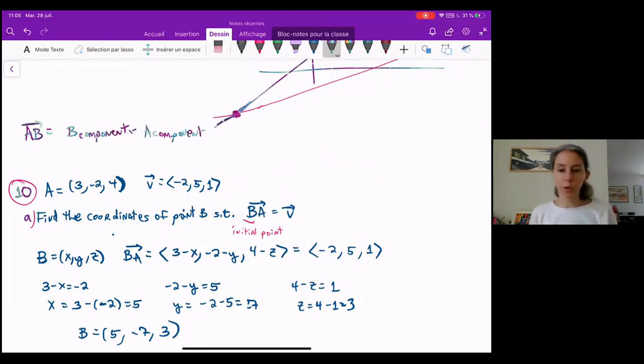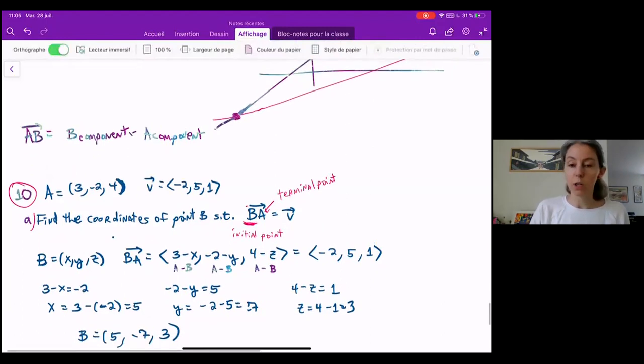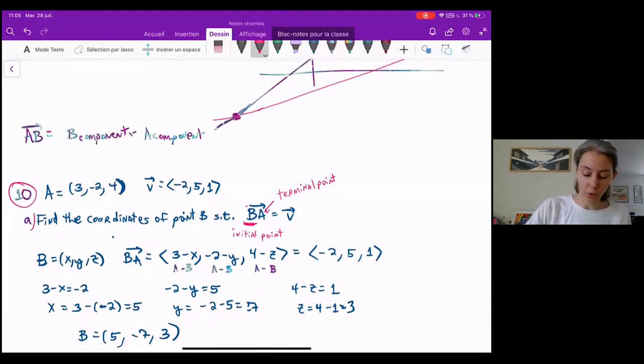So I always do the terminal point minus the initial point. So this right here is BA, which means this is A minus B, and that's because A is my terminal point. And then I know what I want this to equal: negative 2, 5, 1. So I just created 3 equations doing that. Does that make sense?